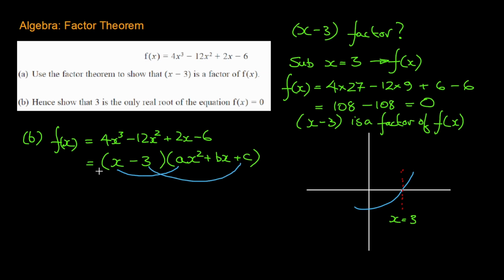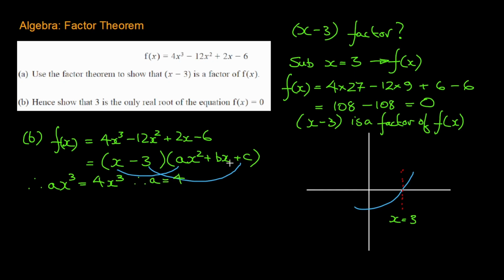Look at those two multiplications. The x multiplied by ax squared is the only multiplication of these brackets that produces the x cubed term. So we can say ax cubed must be equal to 4x cubed. Therefore, a is equal to 4.